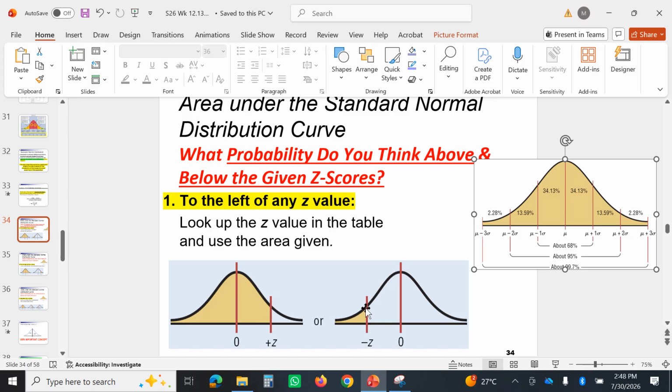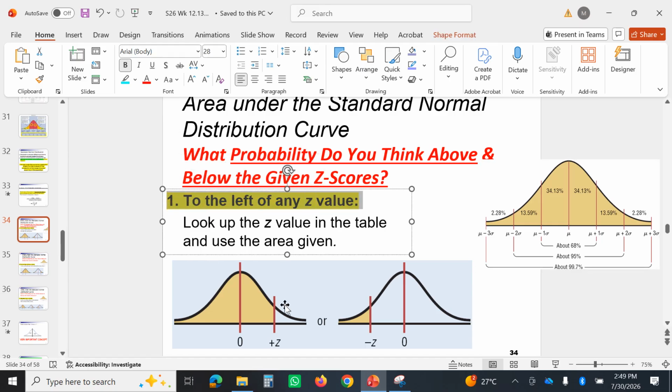I'm only asking you to guess what percentage of this. So where are we here? We're probably in this range right here, so we're probably looking at about 2%. And you would be right. That's all I want you guys to be able to do. So I'm going to be asking you questions to find the probability, the area under the curve, to the left of a Z value.